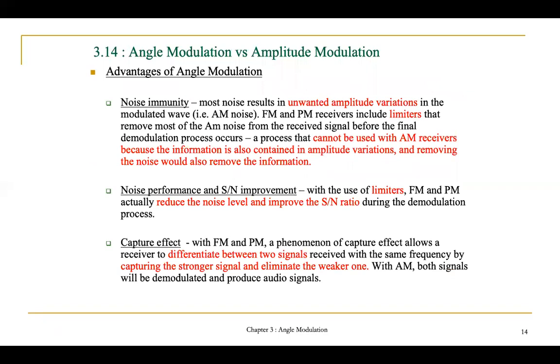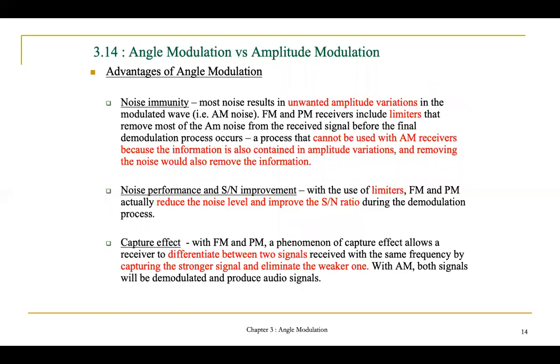So next is the final subchapter for chapter 3, the difference between angle modulation and amplitude modulation. First, let's look into the advantages of angle modulation compared to amplitude modulation. The first advantage is that angle modulation has better noise immunity. We know that most noise in a communication system results in unwanted amplitude variations.